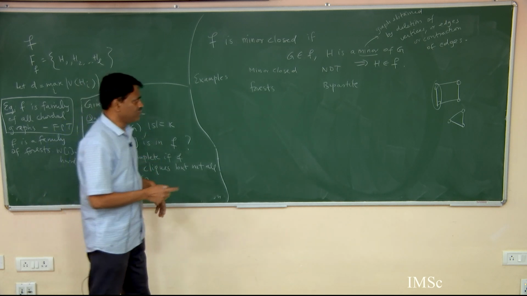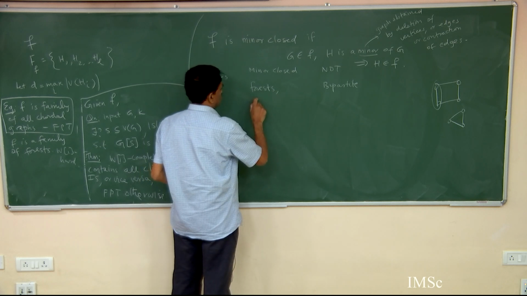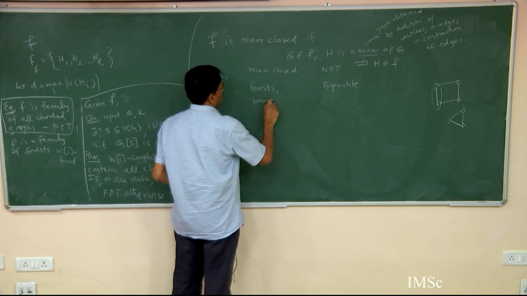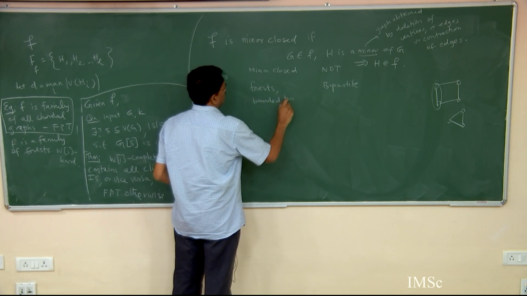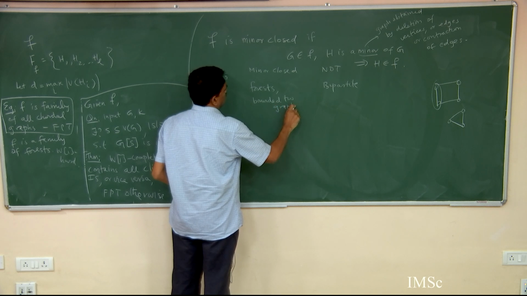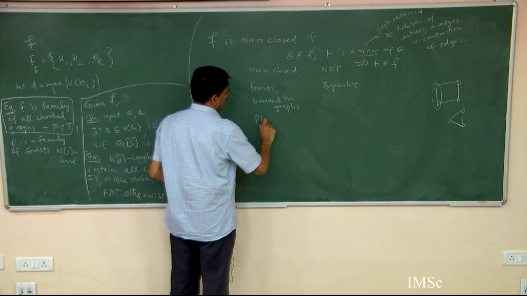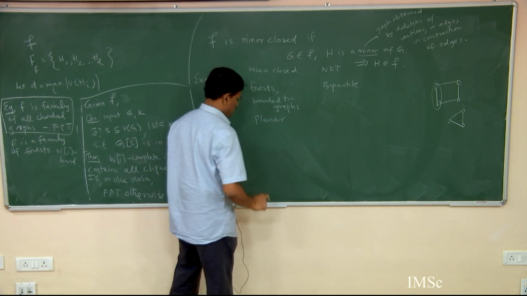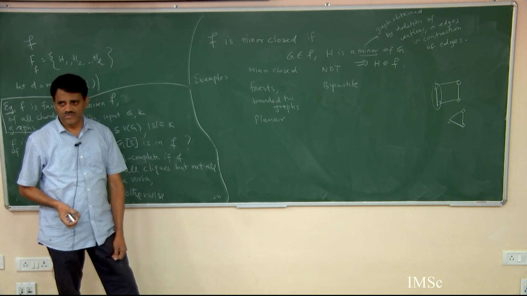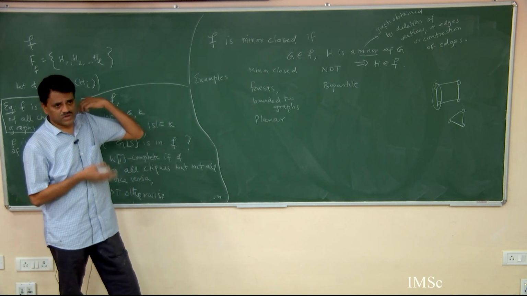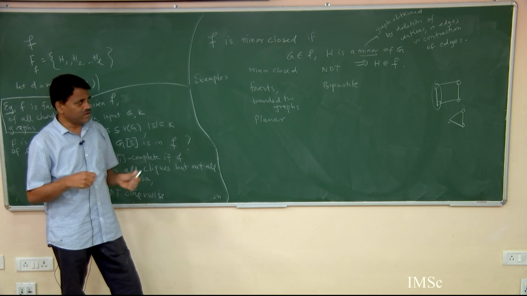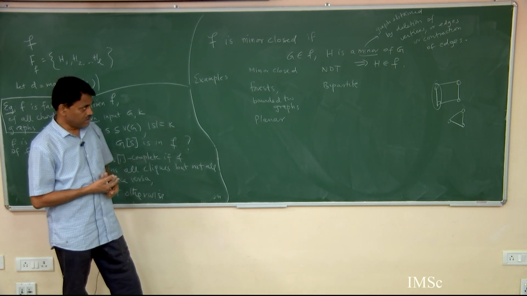Bounded treewidth graphs we saw. Planar graphs. Planar graphs are also hereditary, but if you take a minor, you want to create a non-planar graph.